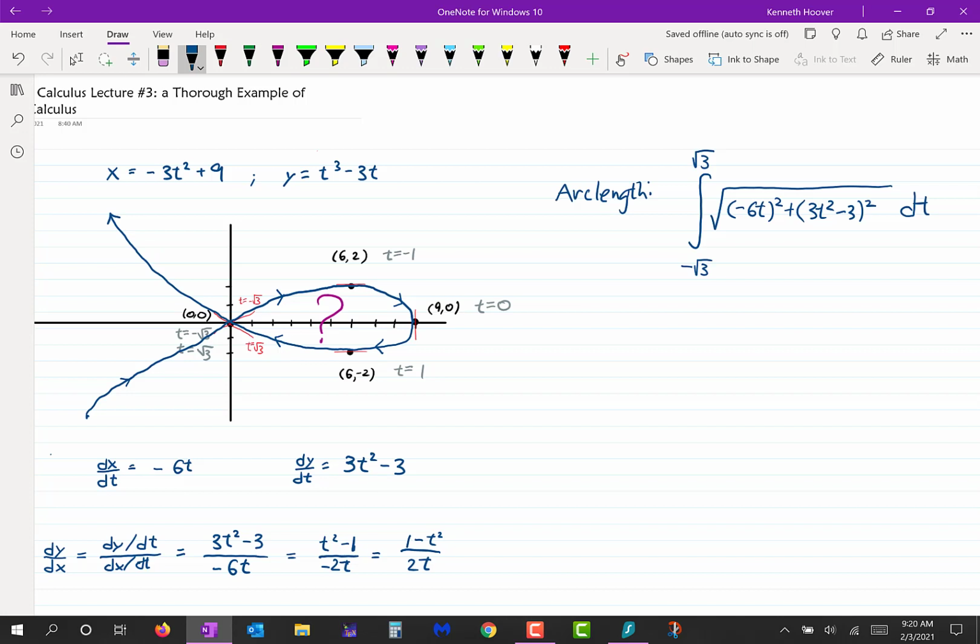All right. This is actually an easy integral. Take a minute to just work this out inside here, okay? Pause the video if you need to. Just work that out and see what it is inside the square root.